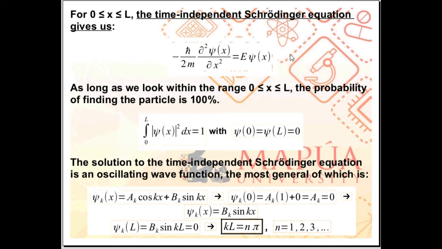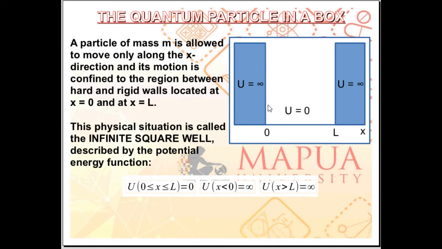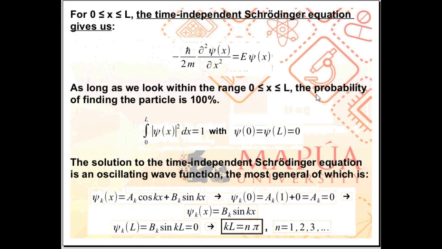Furthermore, aside from being able to use the time-independent Schrodinger equation, if we simply limit our focus in the region between the two potential walls from x is equal to 0 to x is equal to L, the probability of finding the particle is of course 100% since the particle is confined in that region.